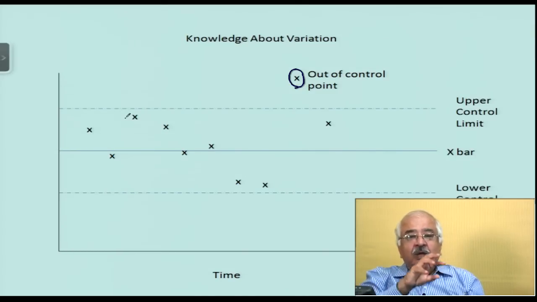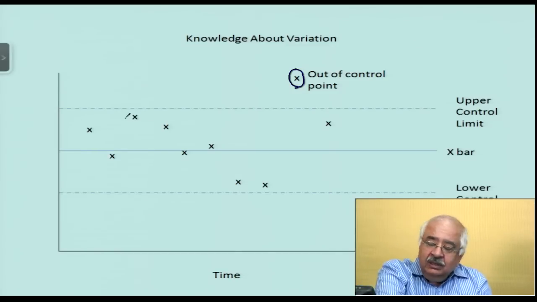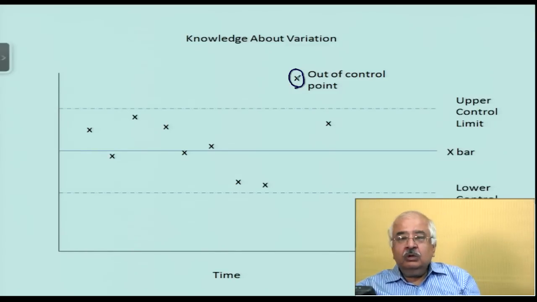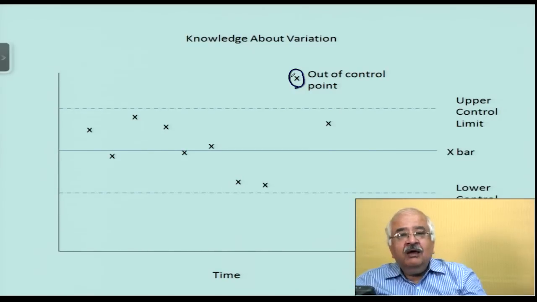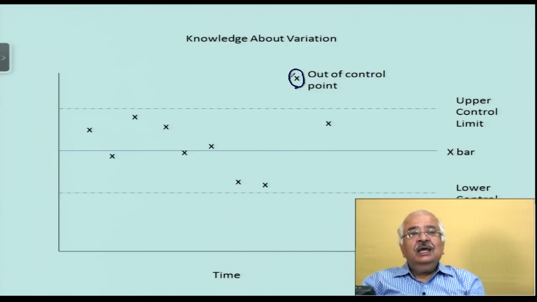It is something where we have to take a look at the system as a whole. We'll get to that in a minute. But when things get out of control, as we see with this particular point, this represents a point with an assignable cause. We ought to be trying to investigate why that point occurred.